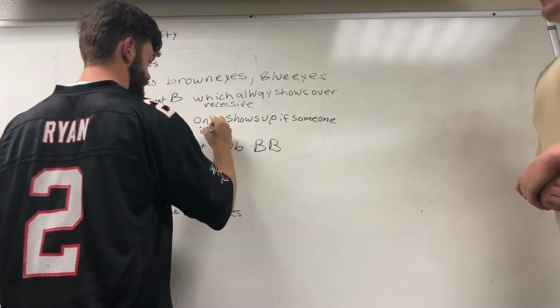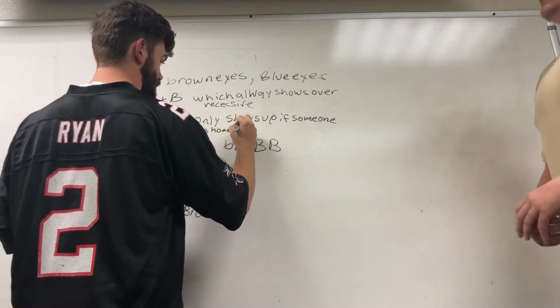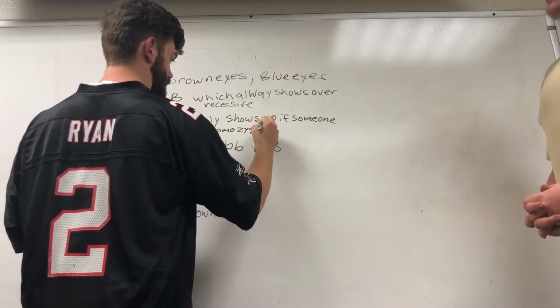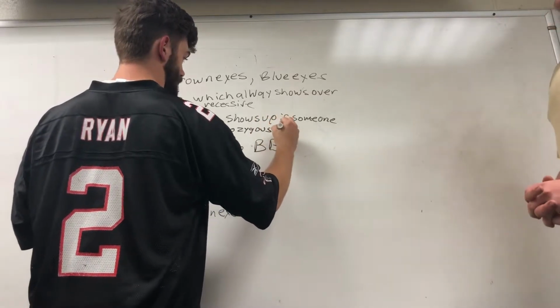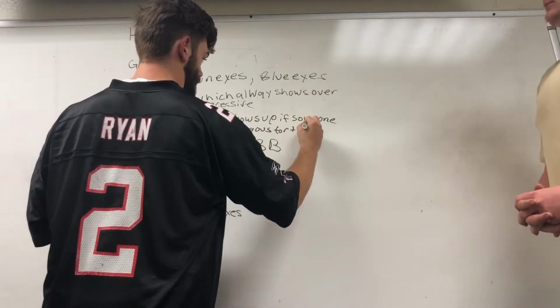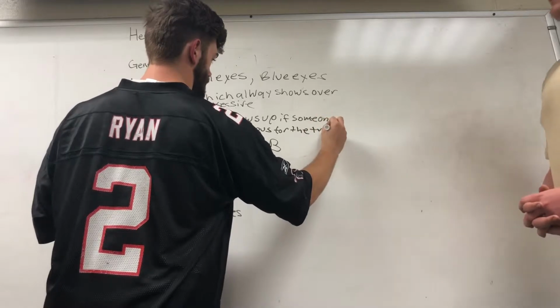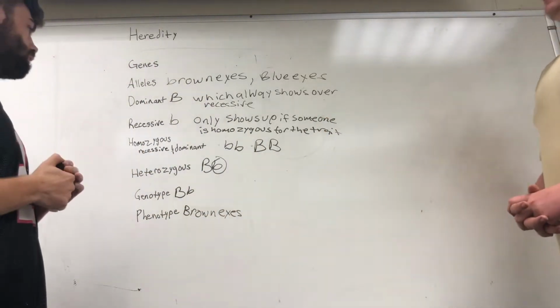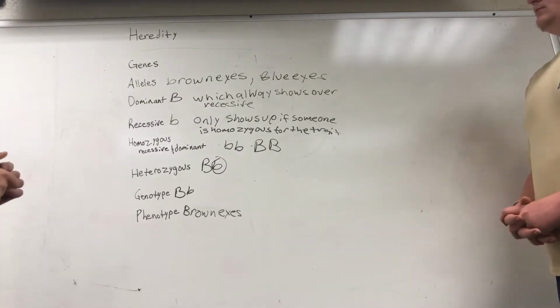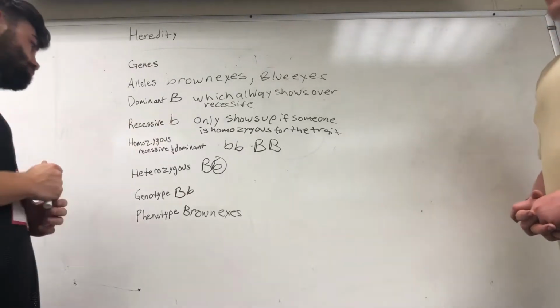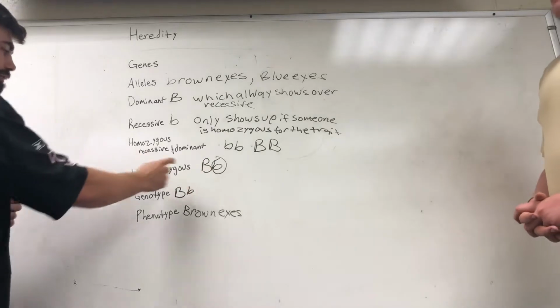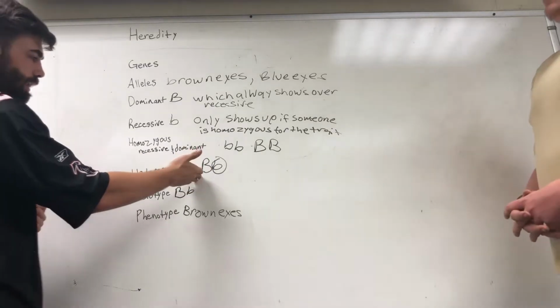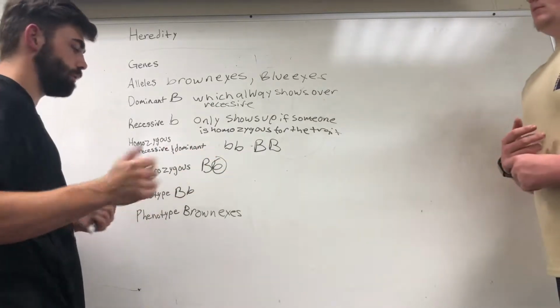Homozygous for the trait. That's the only way someone can show a certain phenotype, if they're homozygous recessive. But they can still carry it if they're heterozygous, where they'll be dominant and recessive, but the dominant will always show.